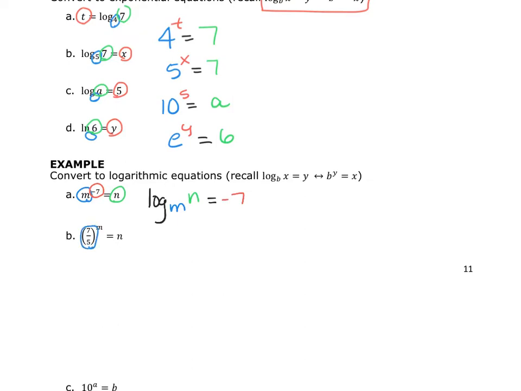This is my base, this is my exponent, this is my answer. So log base 7/5 of n is equal to m. Couple more.